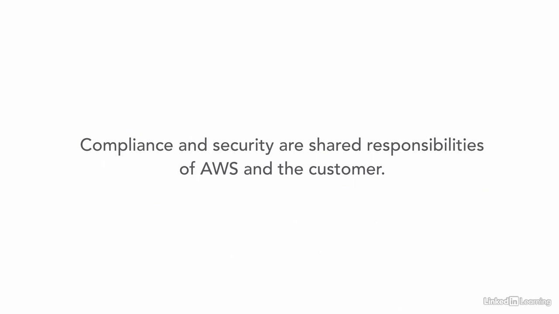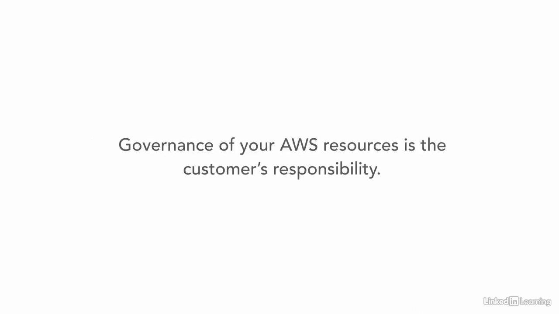So compliance and security, it's a shared responsibility that Amazon has to do some of that work. And I, being the customer, have to do that work as well. The governance of the overall resources, the securing of the resources, whether they're public or private, that's the customer's responsibility.